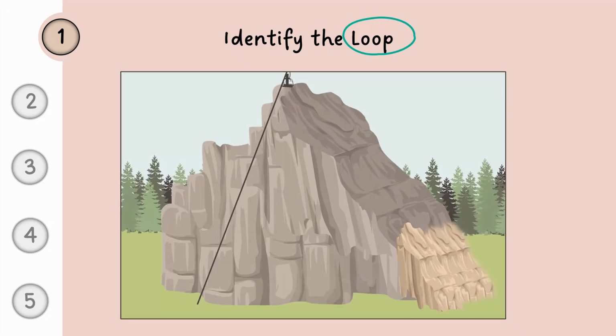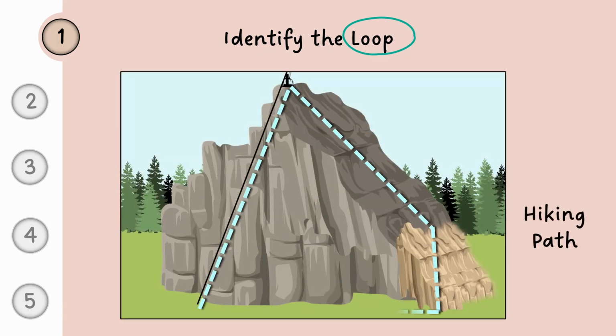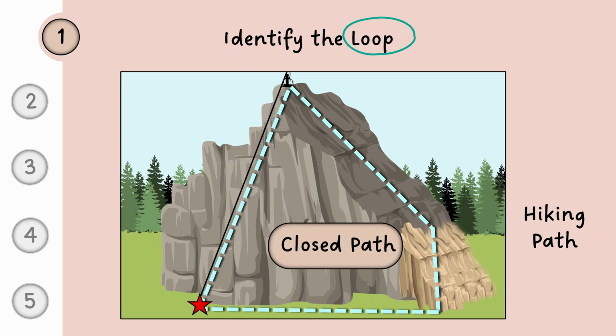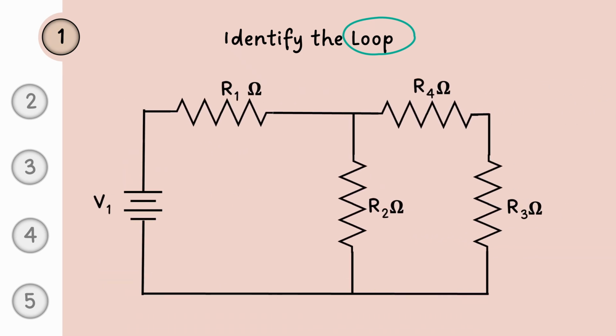First, you have to identify the loop. A loop is something similar to the path you take on a mountain hike. It starts and ends at the same point. In simple terms, a loop is any closed path. In an electrical circuit, a loop is any simple closed path that starts and ends at the same node.